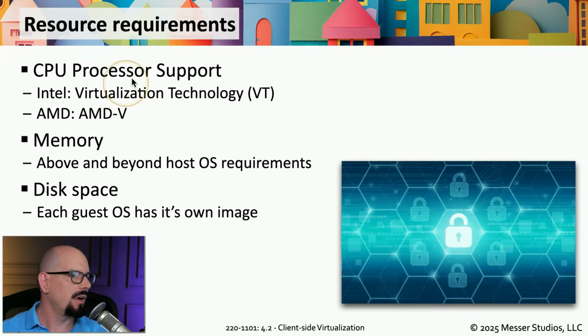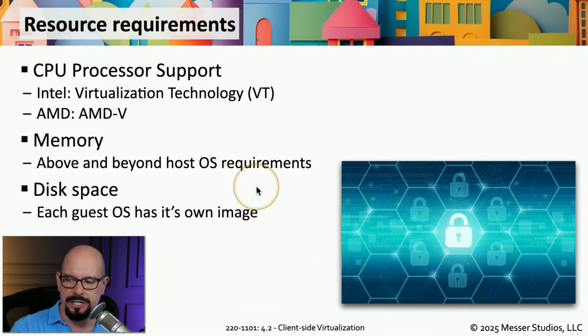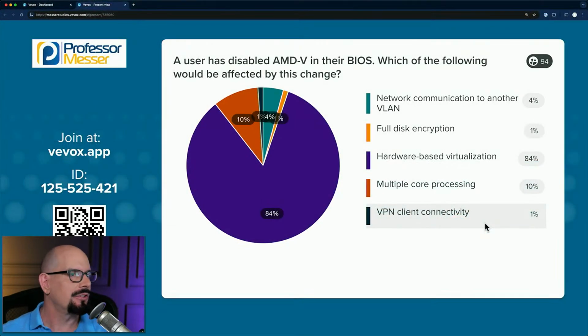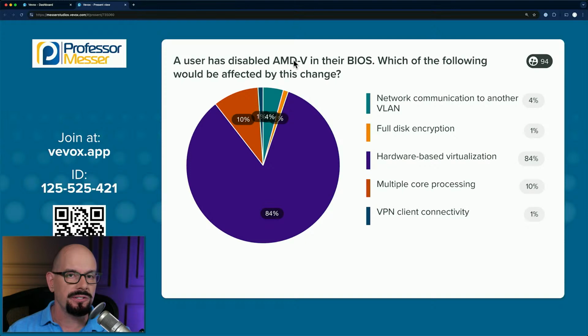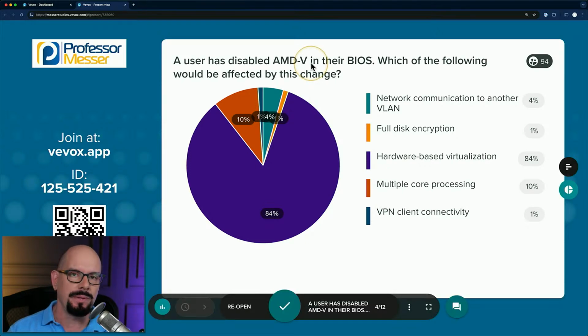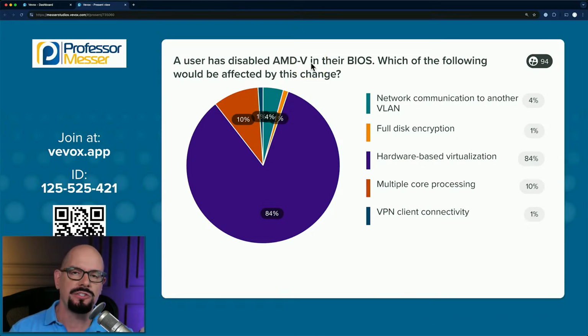This obviously comes from the 220-1101 video 4.2, client-side virtualization. And indeed, client-side virtualization is what got us here on this question. If we have disabled AMDV, that means we have an AMD processor and we have just disabled the ability for it to perform hardware-based virtualization in the CPU itself.